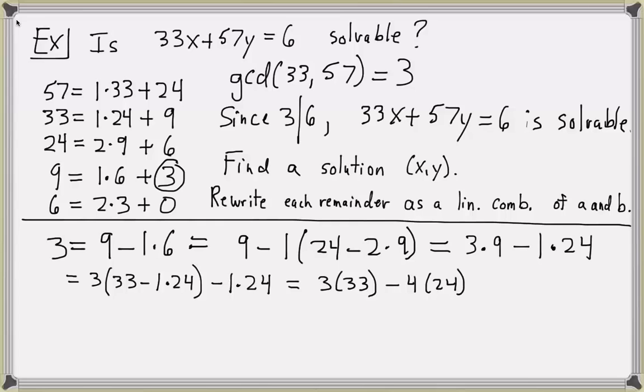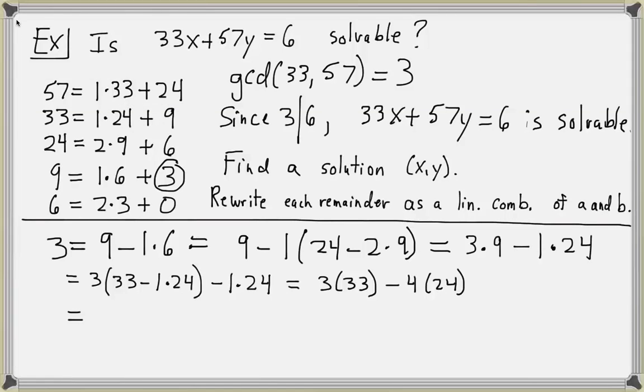The last step, I need to replace 24 using the first equation, using the fact that 57 equals 1 times 33 plus 24. Therefore, I can rewrite 24 as 57 minus 1 times 33.